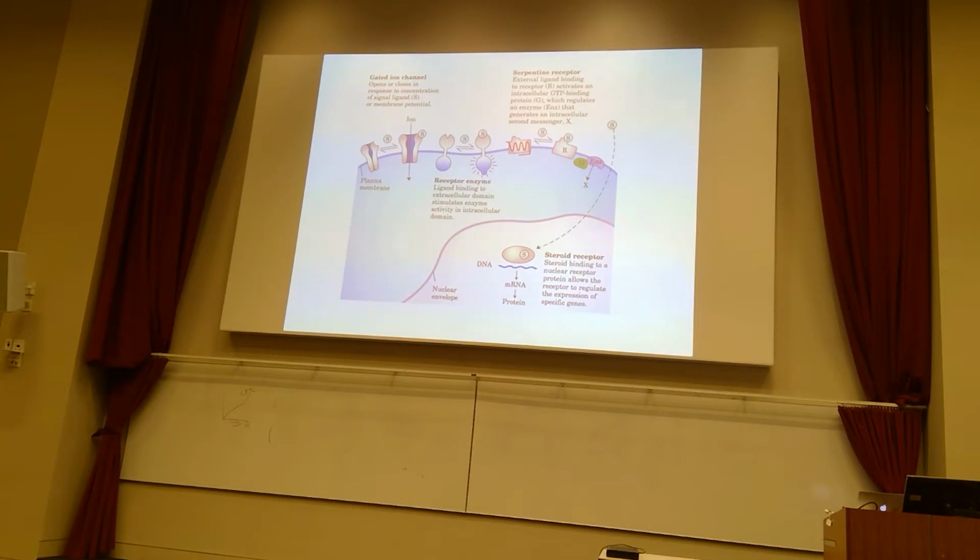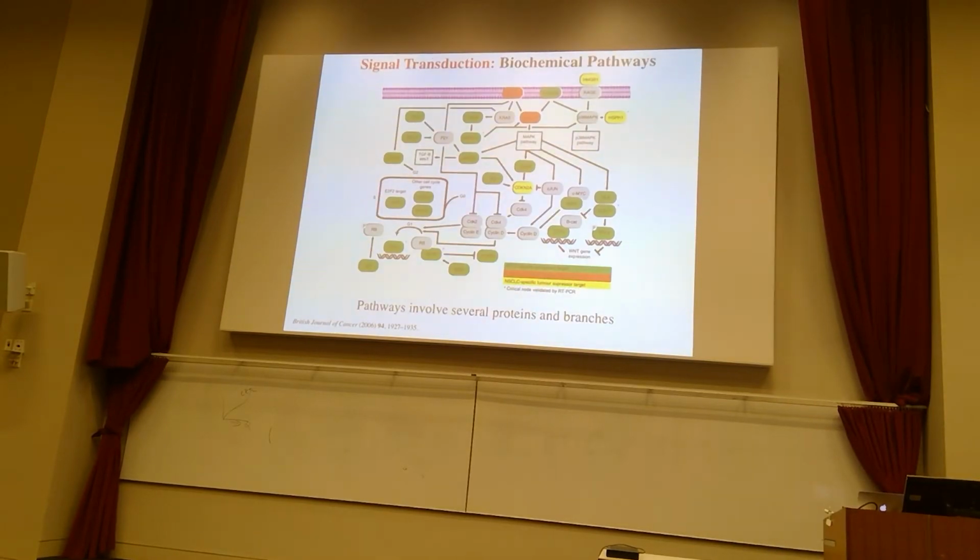These are sometimes known as 7-transmembrane receptors or G-coupled protein receptors, and then steroid receptors, which respond to steroid hormones, which can diffuse into the cell, engage those receptors, and be trafficked to the nucleus, where they turn on the expression of genes.